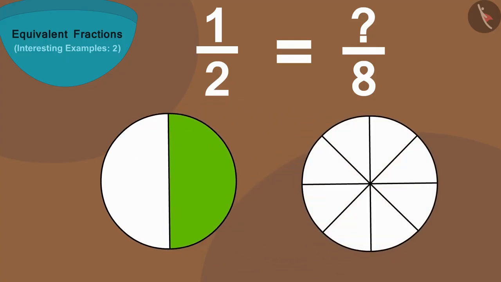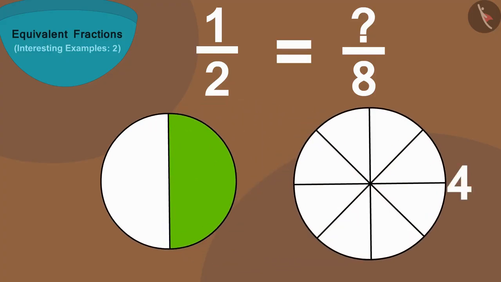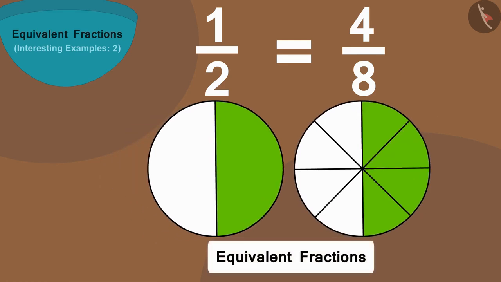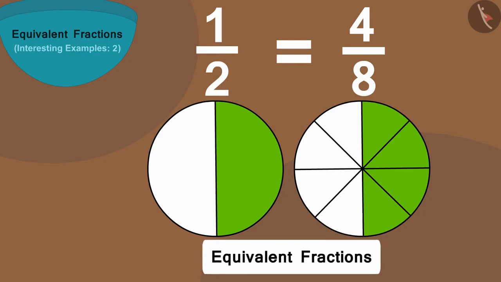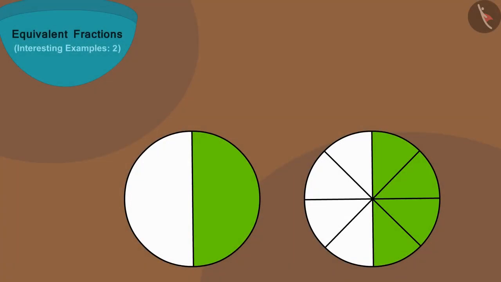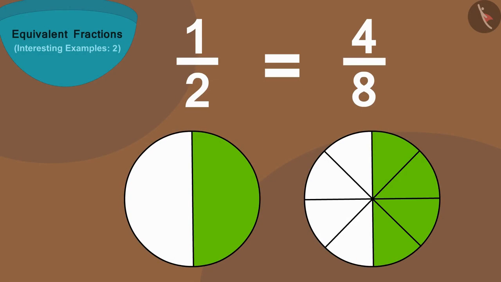Therefore, we will color in 4 parts of this circle. In this way, we have the numeral above our equivalent fraction as 4. In this way, half is equal to 4/8.